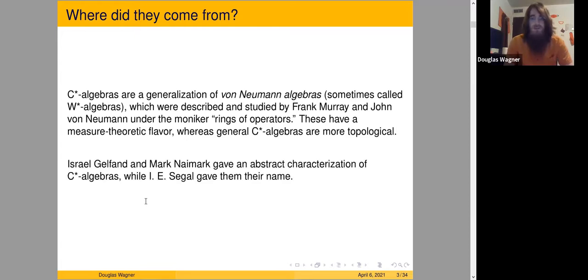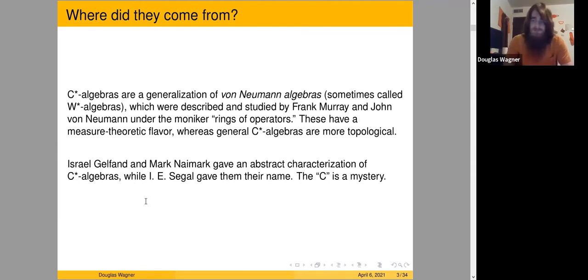They were given an abstract characterization by Gelfand and Naimark, and their name by Segal. One of the biggest questions about them right now is, what does the C stand for?